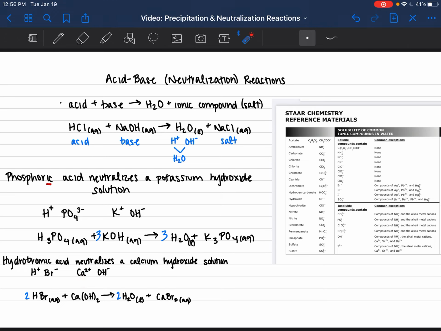So calcium has that 2+ charge, hydroxide. Remember to crisscross those charges. So hydrobromic acid and calcium hydroxide, and they will react to form water and calcium bromide. So again, check these solubility rules to figure out the states of matter.